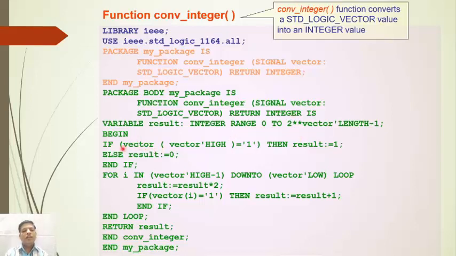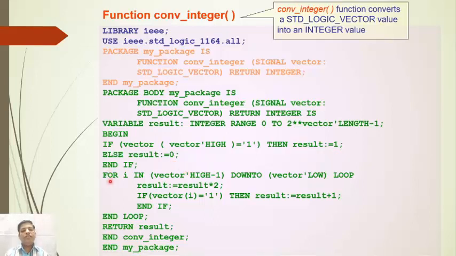Begin, if vector'high is equal to 1 then result is equal to 1, else result is equal to 0.